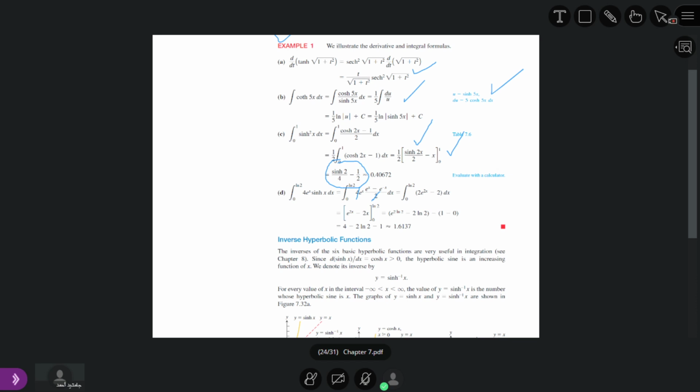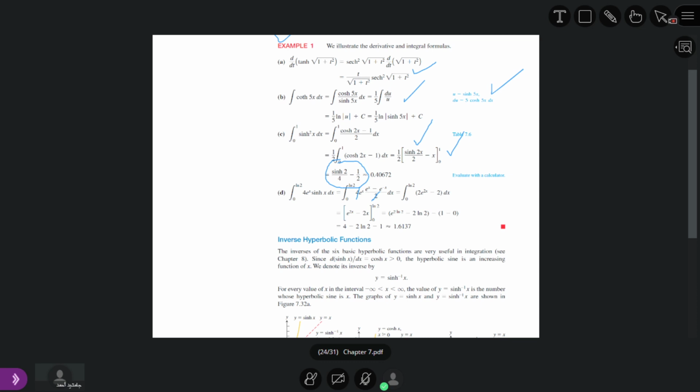The antiderivative of e^(2x) is equal to e^(2x) divided by 2. So the 2 can be cancelled with 2, we get e^(2x) minus, what is the antiderivative of 2? It is equal to 2x. That is why we get e^(2x) minus 2x. So first we put the upper limit. What is the upper limit? ln 2.